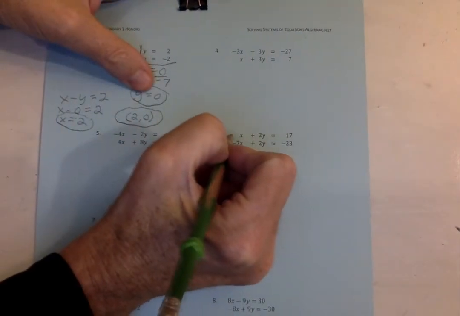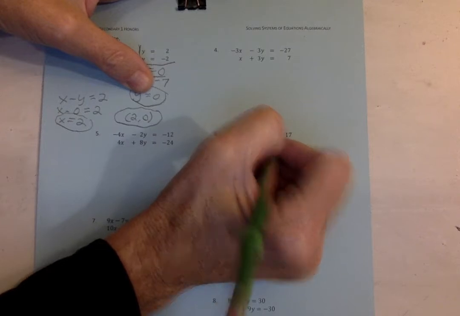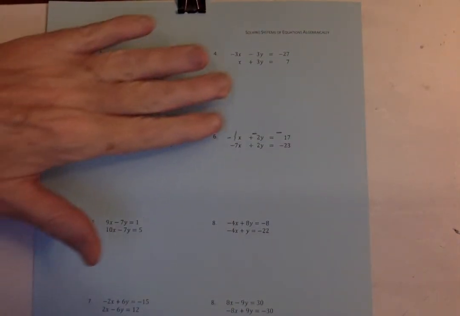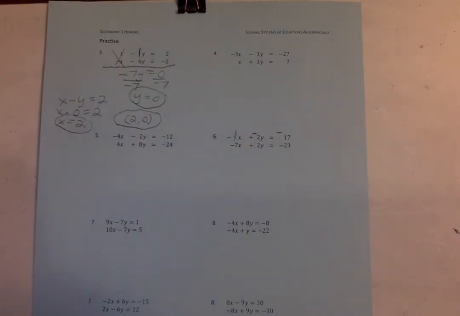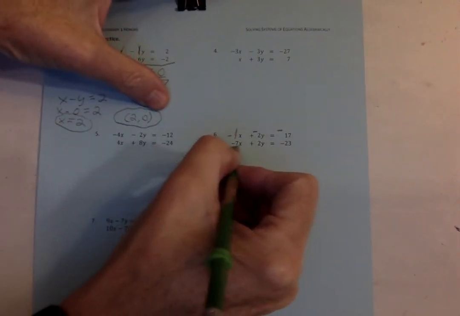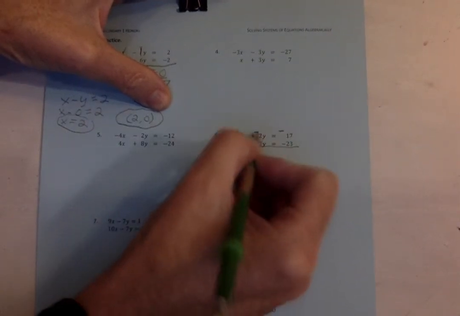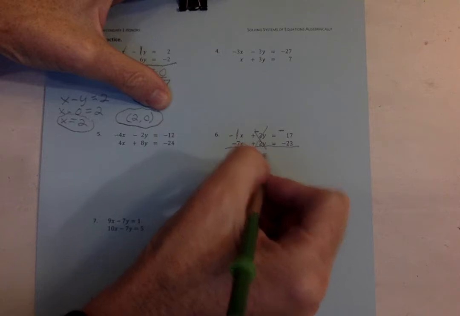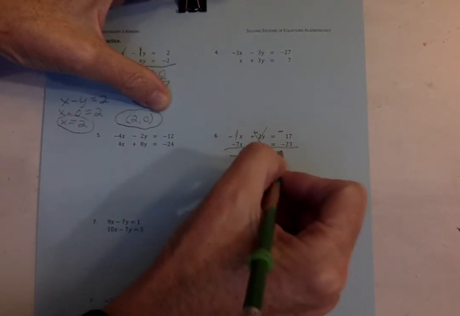If I multiply each one of these by a negative 1, that just changes all the signs so that when we have a negative 2y and a positive 2y, our 2y's will be eliminated and we'll be left with just the x's, and then we can solve. So if we add those two together, negative 8x, these go away, equals negative 17 and negative 23 is negative 40.